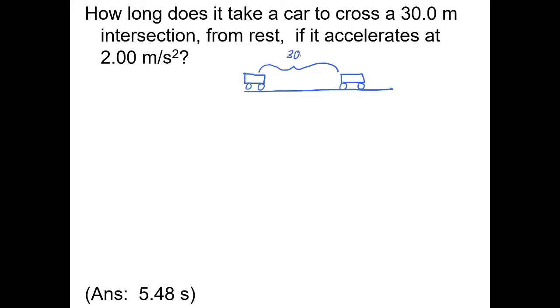We know that this intersection is 30 meters. We're told I want the car to cross a 30-meter intersection from rest if it accelerates at 2 meters per second squared. Oh, we know the initial velocity is 0. And we know acceleration is 2 meters per second squared.